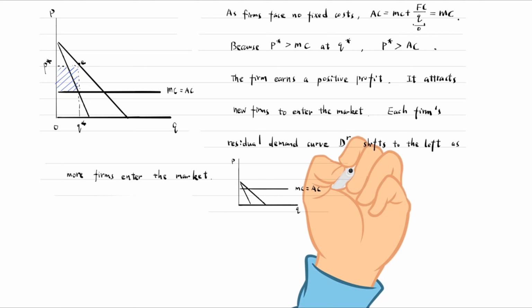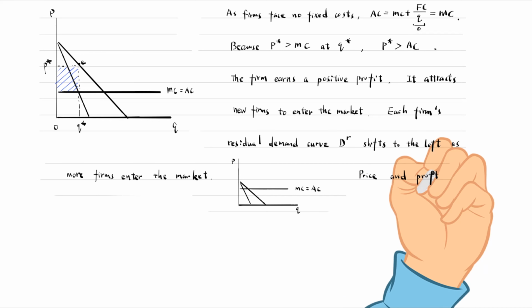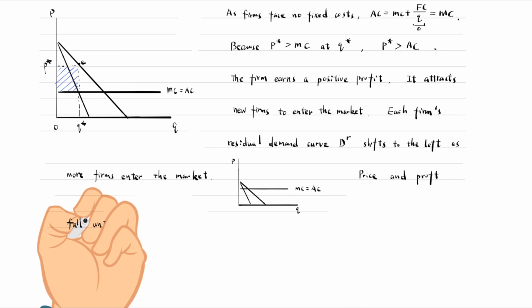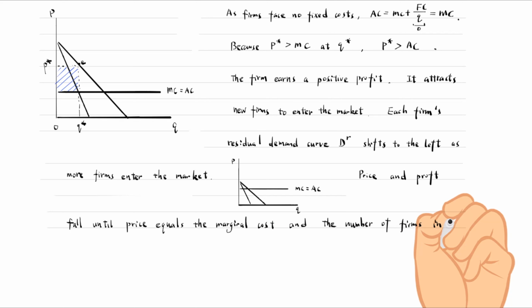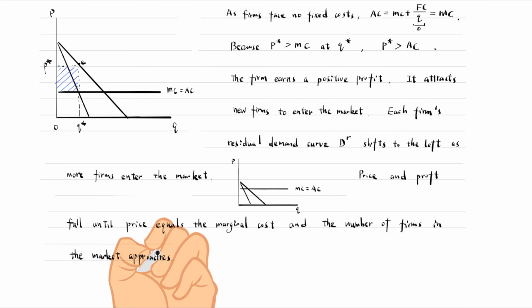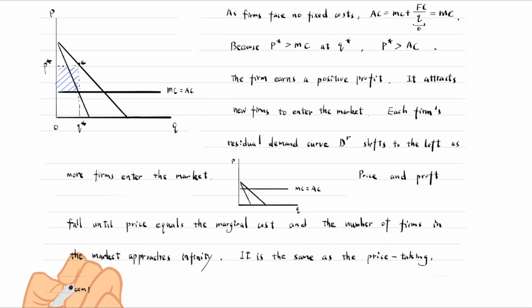The equilibrium price and profit fall until the price equals the marginal cost and the number of firms in the market approaches infinity. It is the same as the price-taking competitive equilibrium.